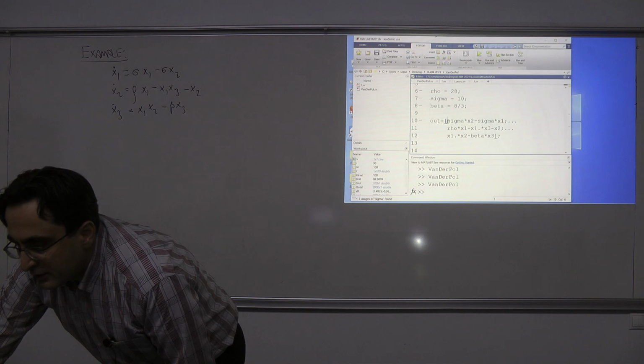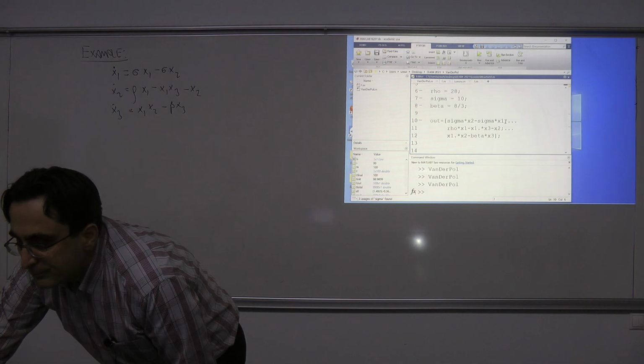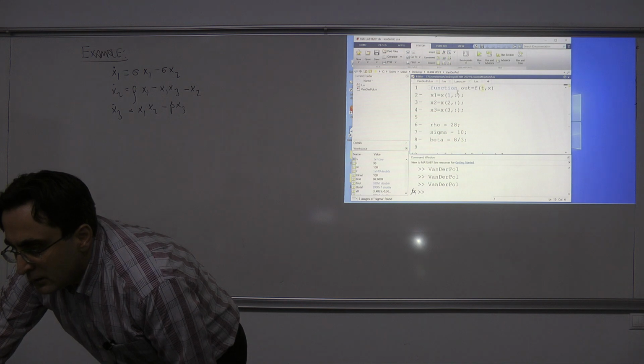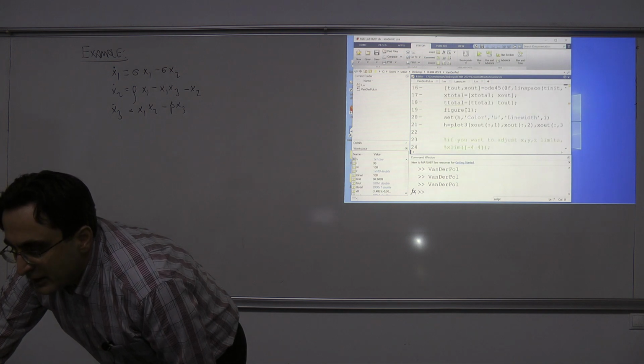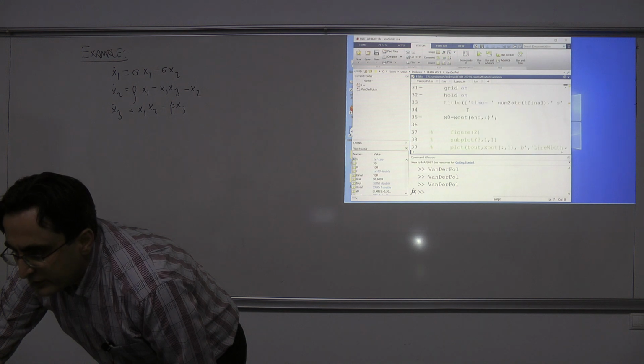And the right-hand side of the equation x dot is equal to f of x is given by these equations. Okay? So now this time I gave the system an initial condition which is x0 equals 3, 2, 1, and then I would plot the results.